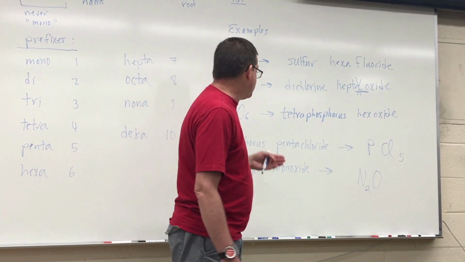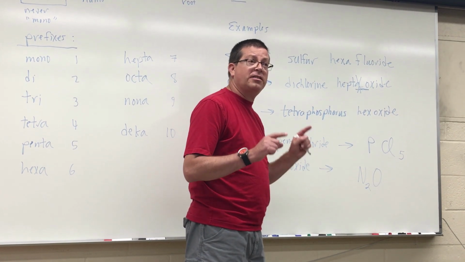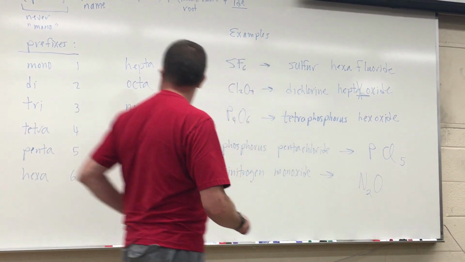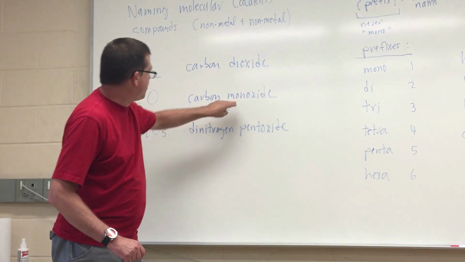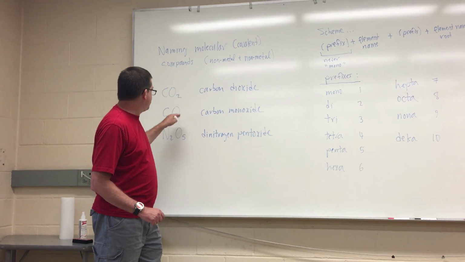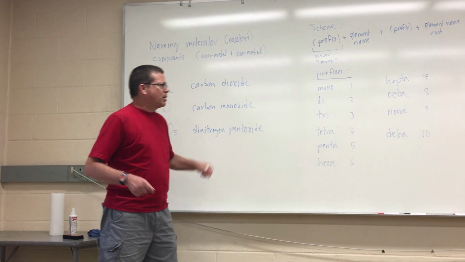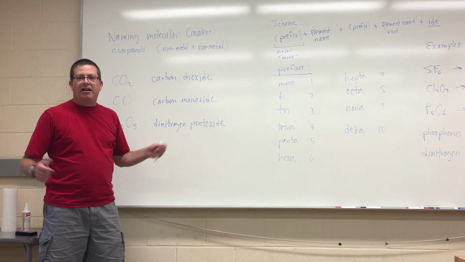Now keep in mind, you've seen here that we do occasionally use mono, but we only use mono when it's on the second element, the second part of the compound. For example, we did that with carbon dioxide, carbon monoxide. There's the mono in front. So we actually have to specify that when the mono is in front of the specific second element there. All right, so we're going to practice a little bit more with this in class when we see you, and that will take care of it for today.